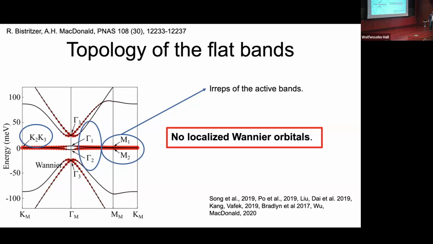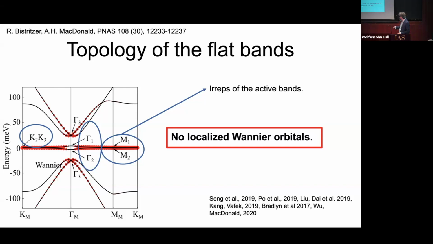This unitary transformation should be such that I can obtain flat bands which are exactly localized exponentially, coupled to some other bands that are not exponentially localized, so that in the end, I can reproduce the band structure of the Bistritzer-MacDonald model.